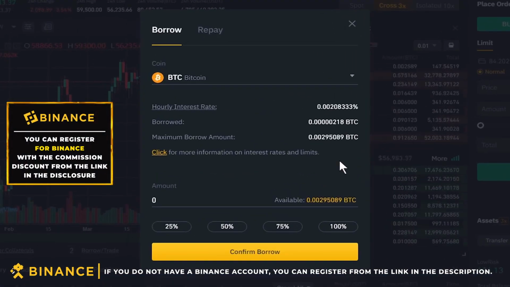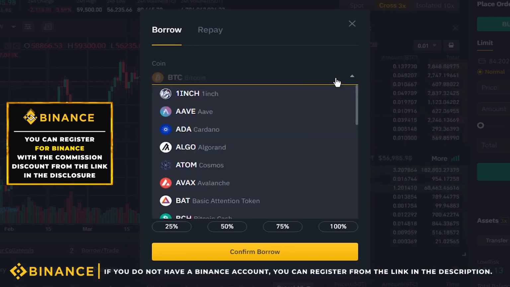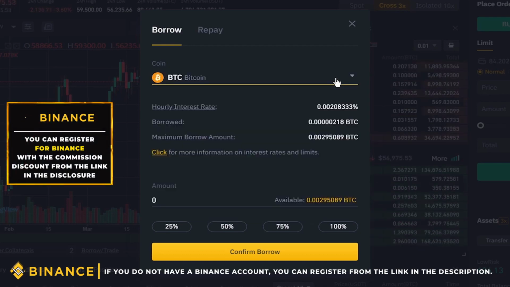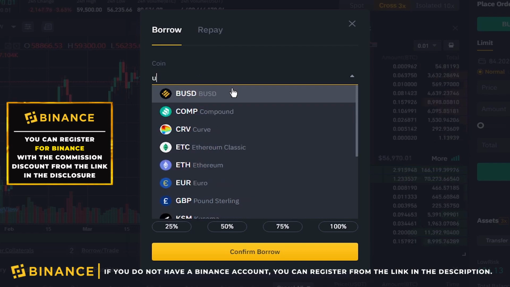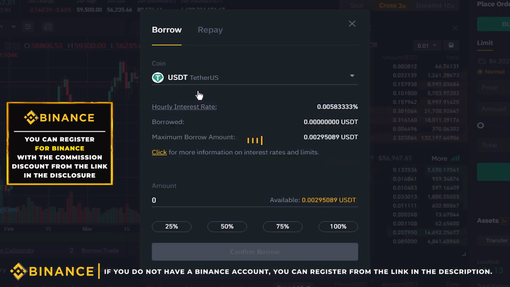Because we are in cross margin mode, the margin is shared across all trading pairs. So we can borrow any coin we want and then trade on that coin. Because we've already selected BTC USDT, let's work with these two coins and see how it goes. For example, first let's borrow USDT because we have USDT in our margin account and we want to see what happens when we borrow. Here we search USDT and here it is.